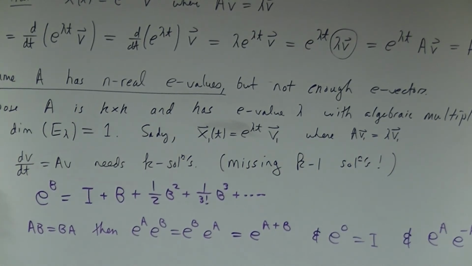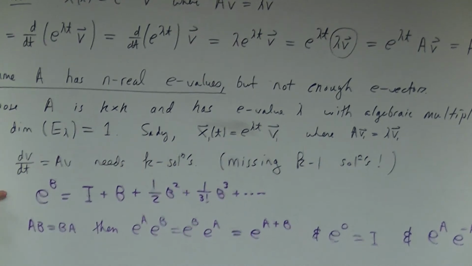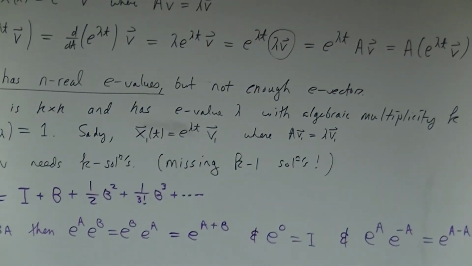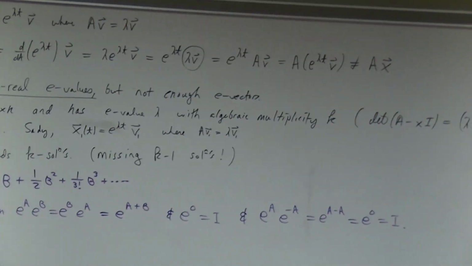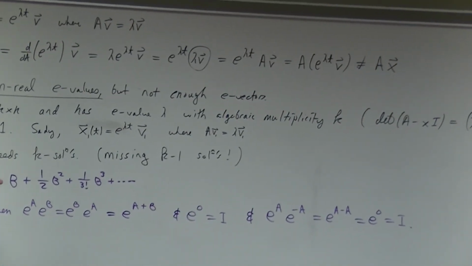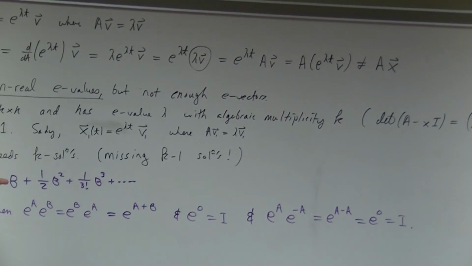It's not obvious, but it does. Proof is in my notes. Then you can calculate this matrix exponential, and if it converges, it's got an inverse, which means that the matrix exponential always has inside of it, for a k by k matrix, k linearly independent columns. You're like, okay, well that's lovely, but who cares?